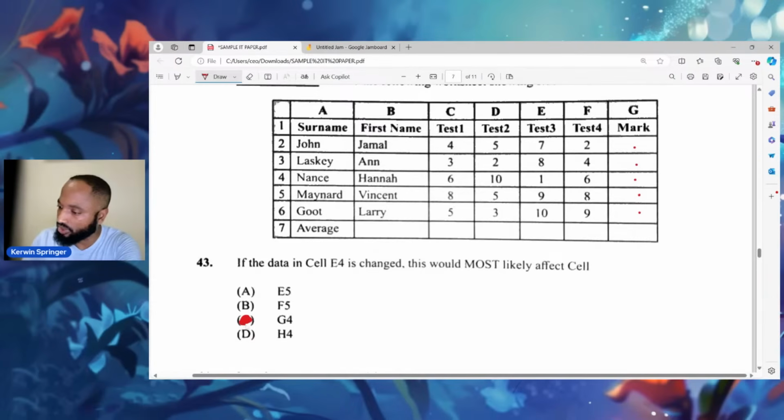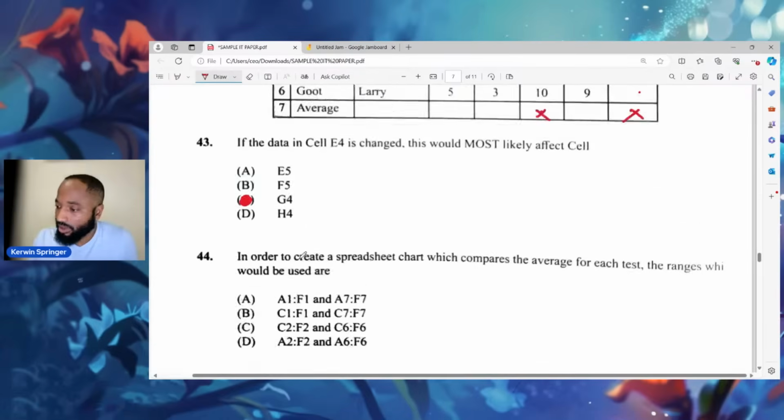It will affect G, right? If you change E4, you would change E7, which is not here, and you would change G4. If you change E4, you will change this one and this one and this one. G7, they don't have G7, they don't have E7. So best one is G4. All right, let's move forward.